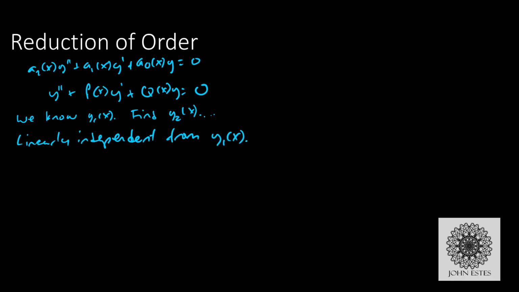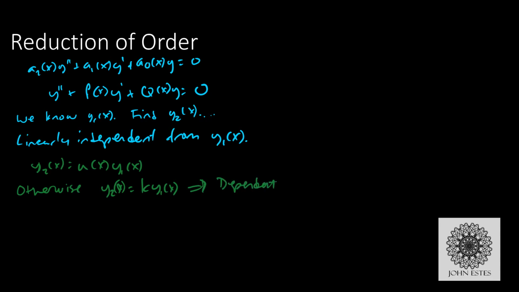So from that idea, we can think that y2(x) equals some function u(x) times y1(x). Why can we say that? Because otherwise, y2(x) would have to be some constant times y1(x), implying that they're linearly dependent. That's not good. We don't want that. So we can't have that they're constant multiples of each other, so we can assume that y2 is some function u times y1.